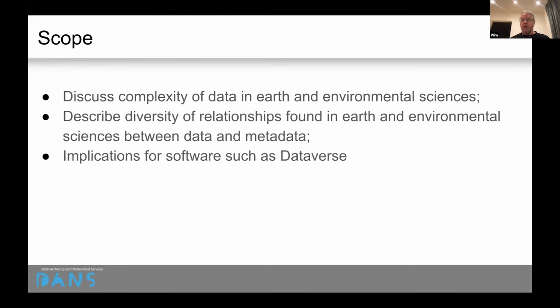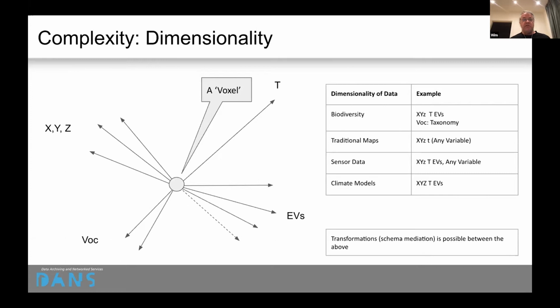There's also a lot of diversity in the relationships that you find between metadata and data in this environment, in the earth and environmental sciences. And of course, all of these diversities and complexities have implications for software such as Dataverse. So maybe first let's look at the complexity.